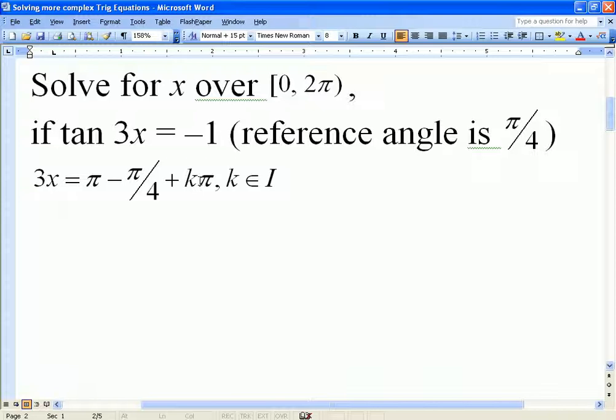Adding another pi to the fourth quadrant would bring us back to the second quadrant. Adding pi to the second quadrant brings us back to the fourth. Or subtracting pi from the second quadrant would bring you back into the fourth quadrant. Subtracting pi from the fourth quadrant would bring you back to the second quadrant. So this here is the general solution for angle 3x.